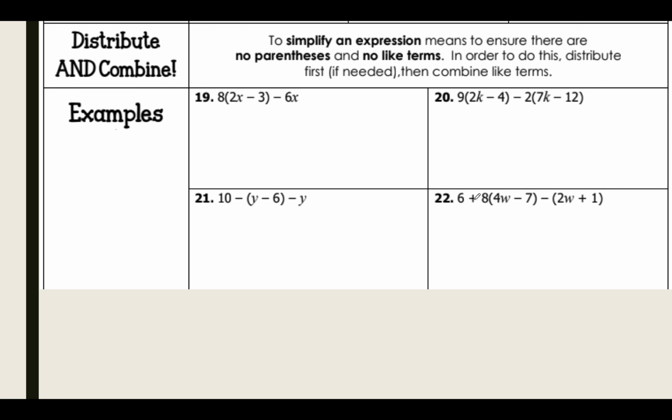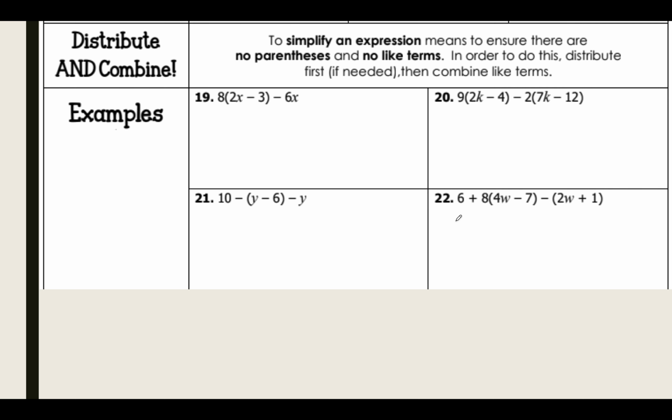So let's do 22. So this says 6 plus 8 times 4w minus 7, and then minus 2w plus 1. So we've got a lot of stuff going on right now, but I see 2 sets of parentheses which we want to get rid of first. And in order to do that, we're going to distribute.